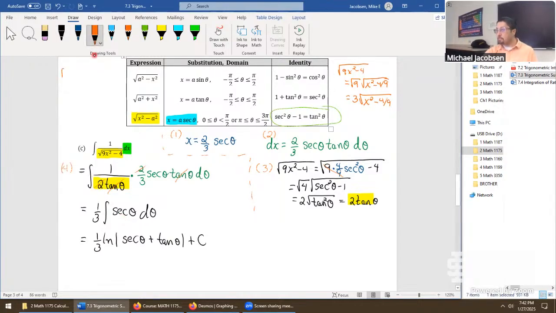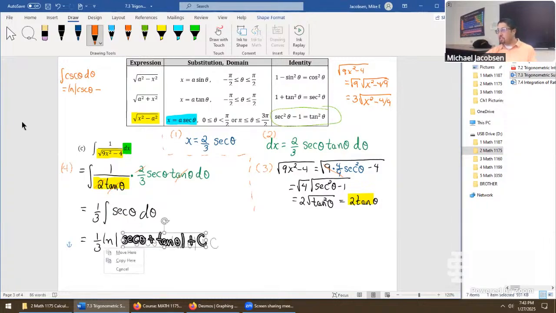For when this one comes up, cosecant theta, it will become just like this, natural log, absolute value, cosecant theta, one small change, put a minus there. So we have the co-function, we have the small change, the minus that came into play, then go to the next co-function, tangent to cotangent, plus a constant, and that's a formula for whenever cosecant theta comes up.